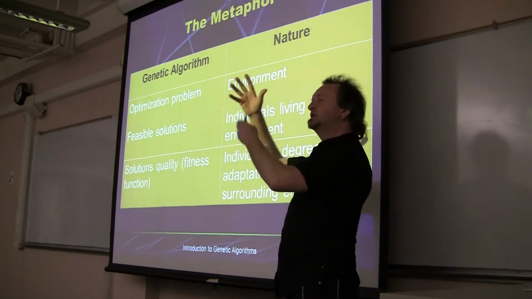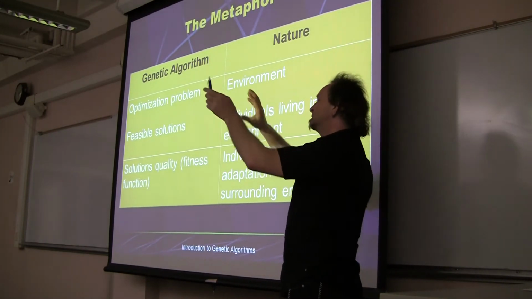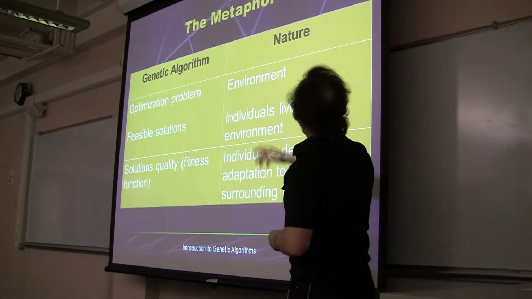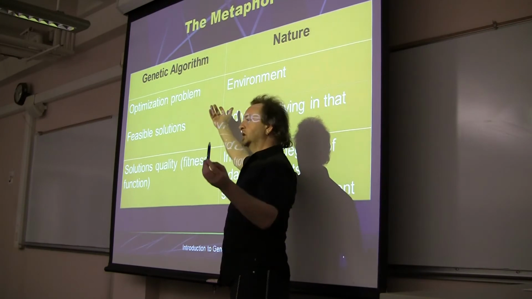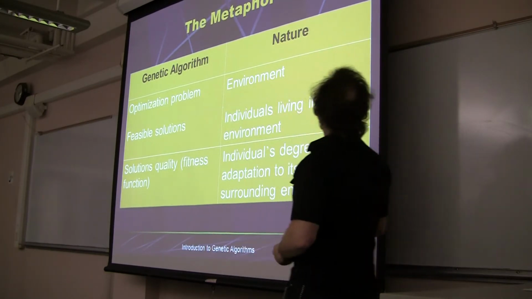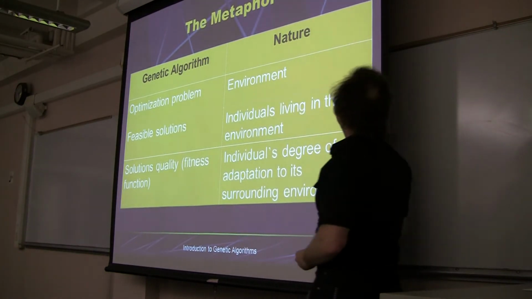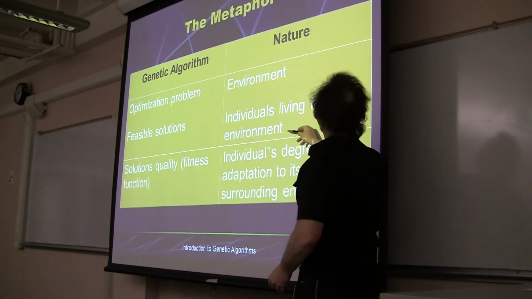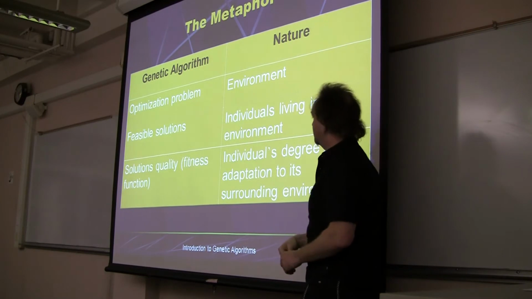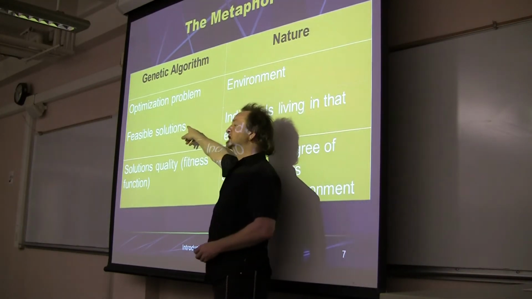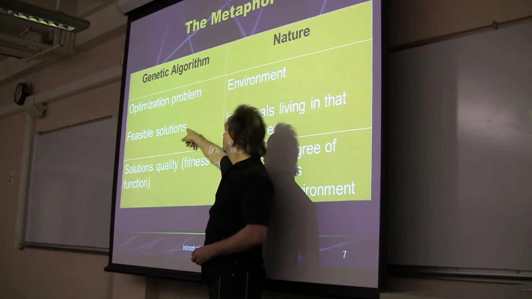There are all different ways we can build this tower, different types of materials, different sizes, so we need to optimize this. And there are millions of different towers we can build. Now, we have individuals that live in that environment, the population. Here we have a whole list of different towers we can build.